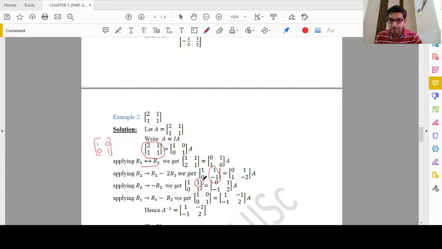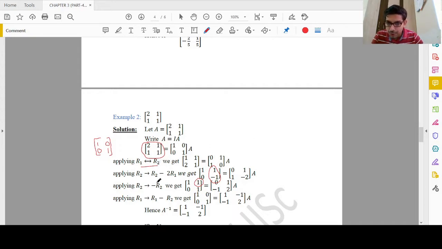And now we need to change only this element, so we can do it by R1 changes to R1 minus R2 because 1 is here. Suppose 2 or 3 is there, then R1 changes to R1 minus 2R2 or 3R2 depending on what number is here. So if I apply R1 changes to R1 minus R2, we get 1 0 0 1.